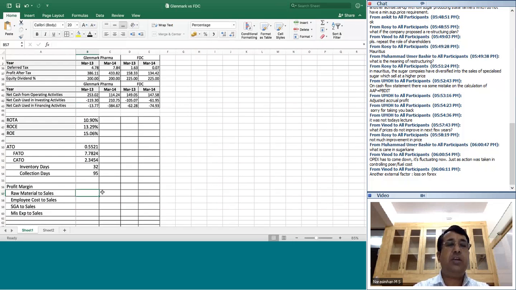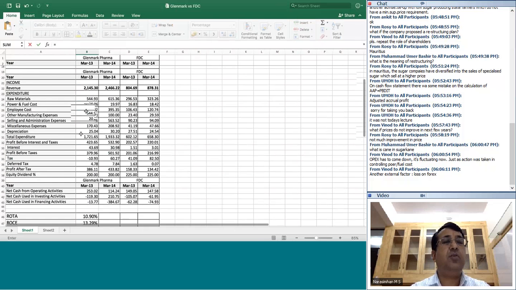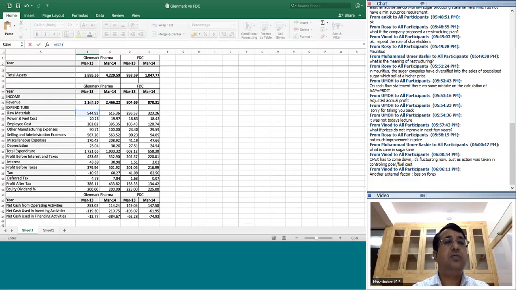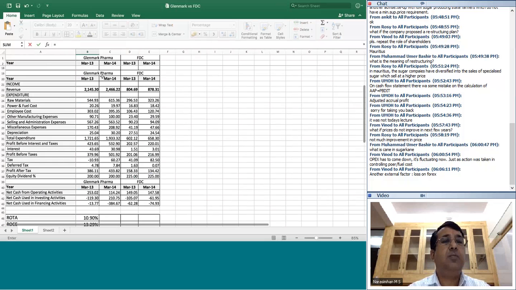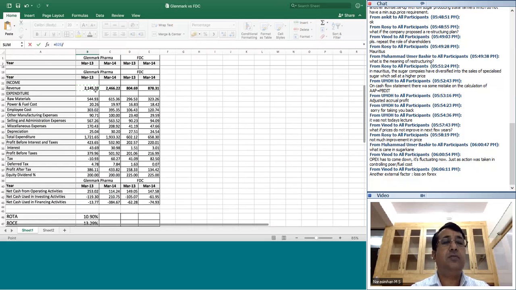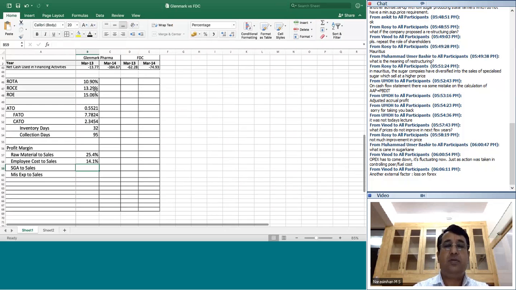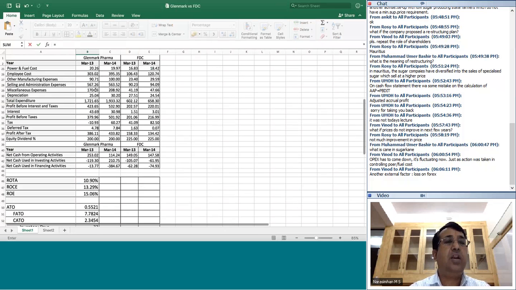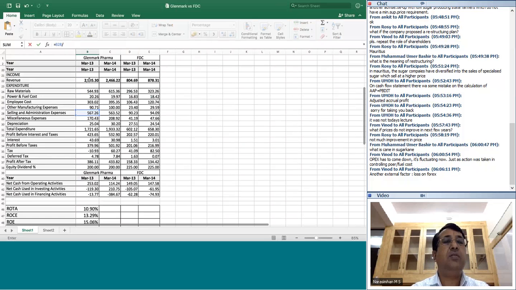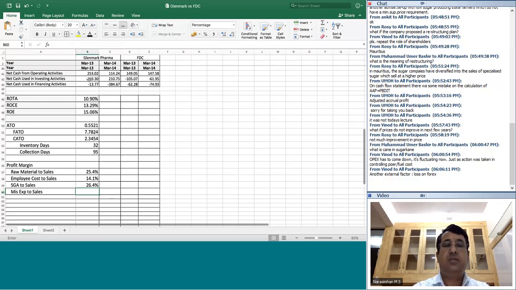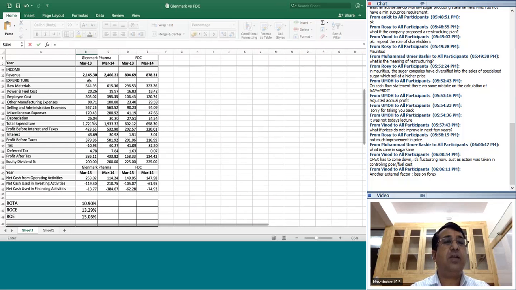Raw material to sales, we can easily compute those ratios. Employee cost to sales, selling and administrative expenses by sales. Miscellaneous expense is also a bit large here, so we'll use that.